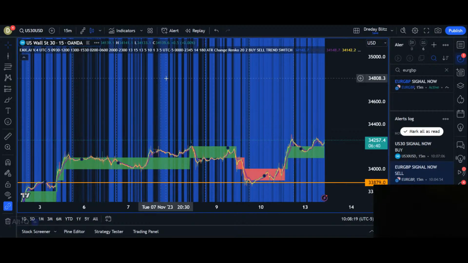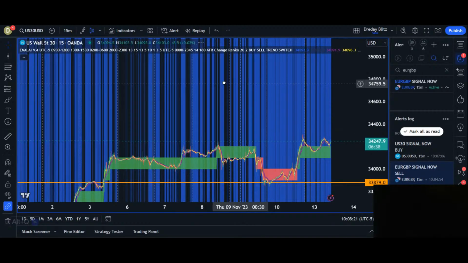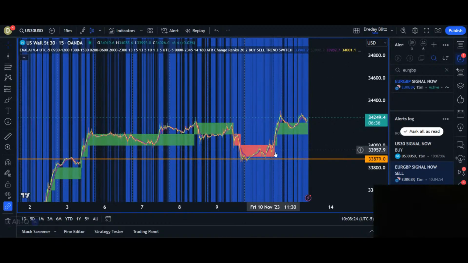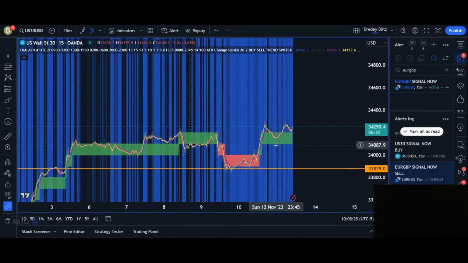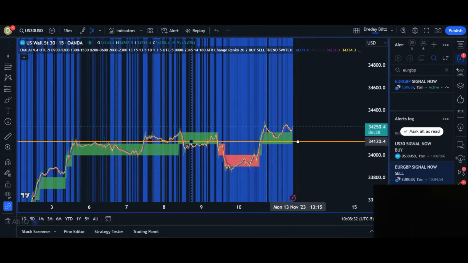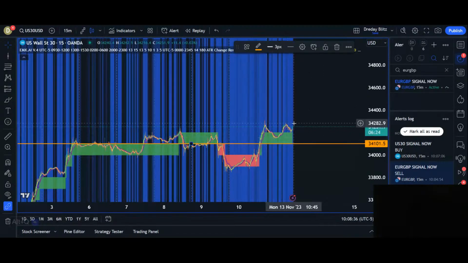Let's open it up. So we're still looking for bullish here. So US 30 bullish. Same thing, stop loss is here.